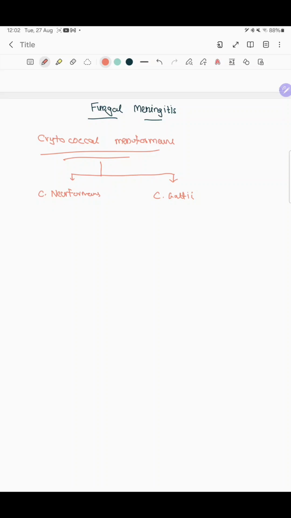Now, what is the pathogenesis? Spread will occur through the lungs. It can even enter through the blood to different organs like the skin, the bones, or the CNS.